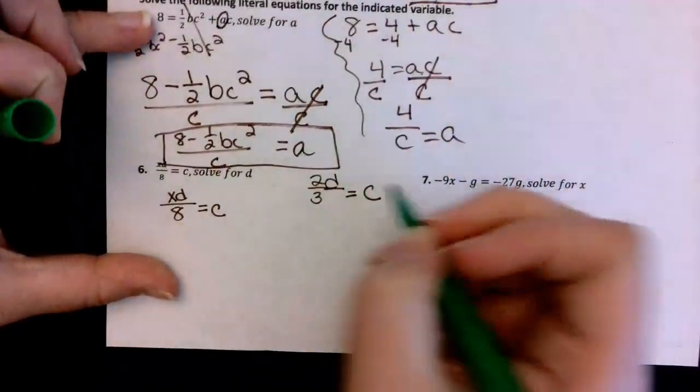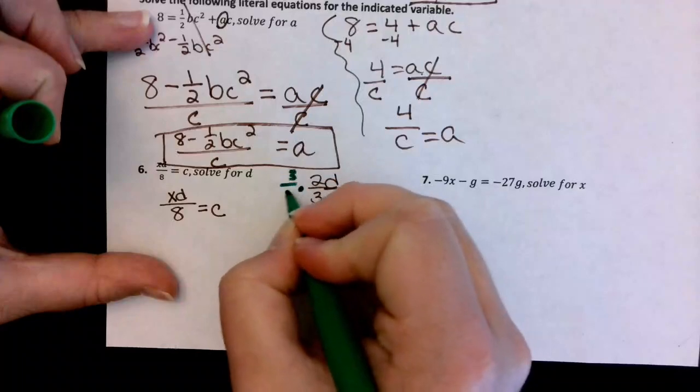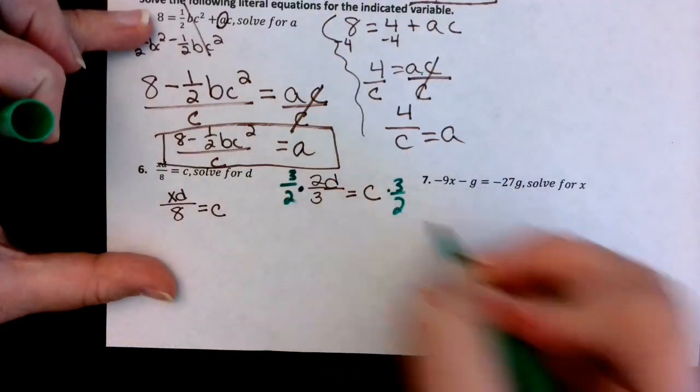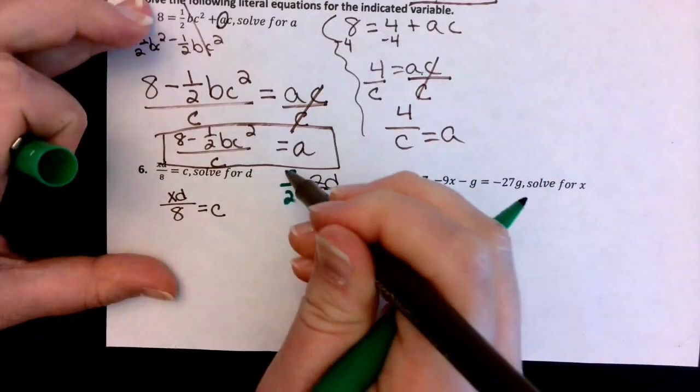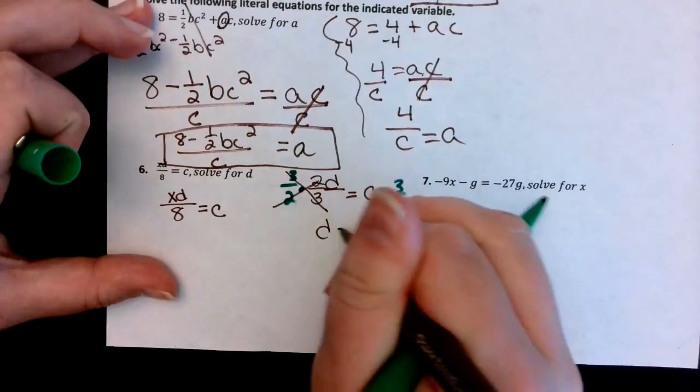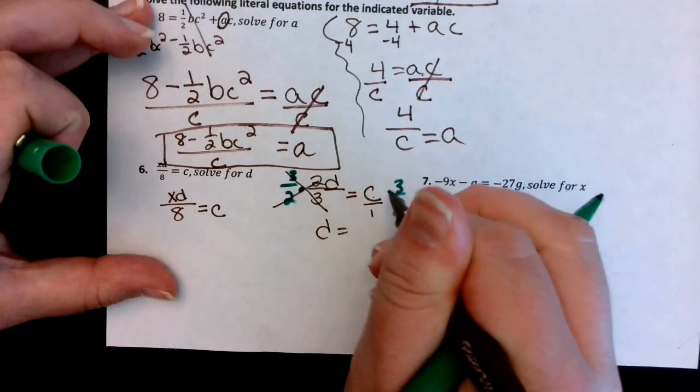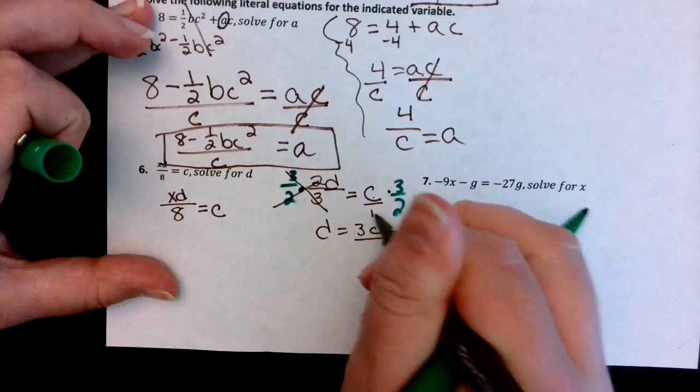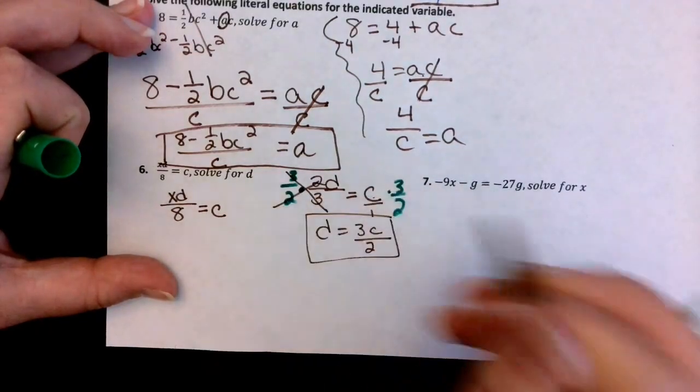I am going to do the same thing here. Multiply by 3 over 2 on both sides. They cancel on the left, leaving d equals c times 3 is 3c. 1 times 2 is 2. So that would be my answer.